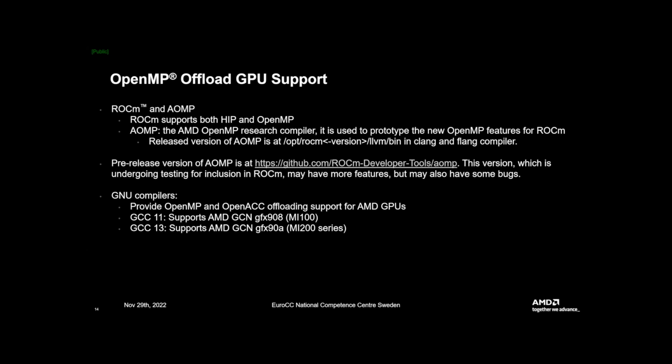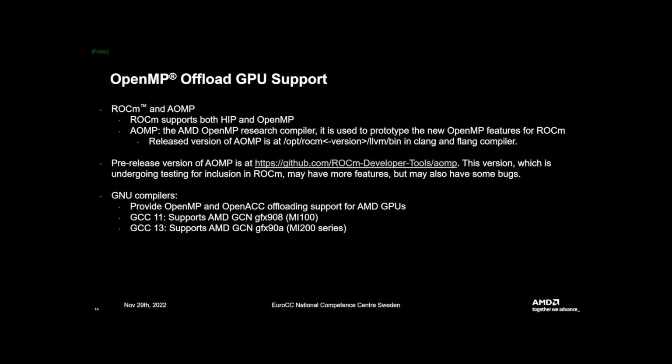It has support for OpenMP and is pretty good for C and C++. It's lagging a little bit in the Fortran interface. And so you can get a more recent one with this pre-release version of AOMP if you're running into difficulties with it.